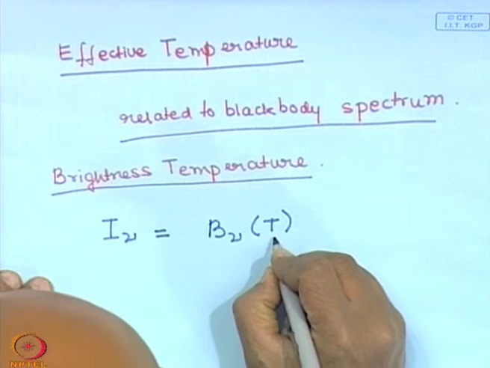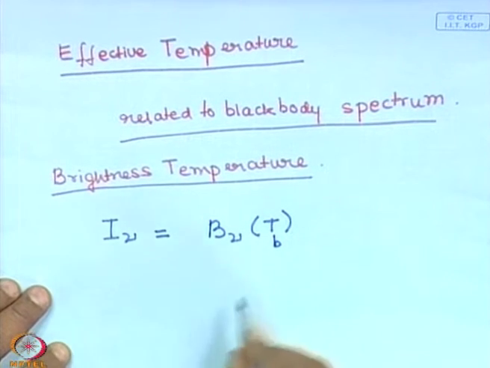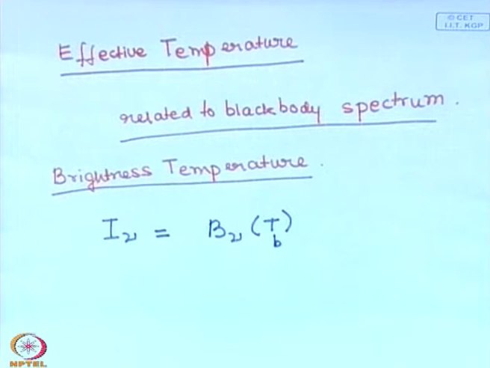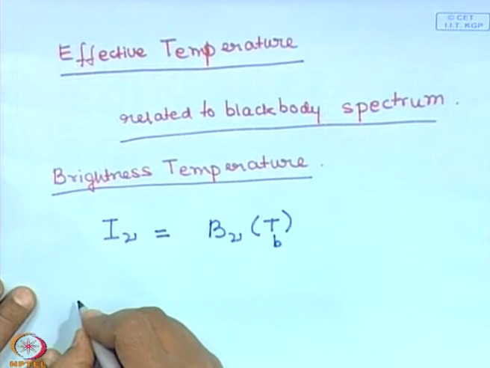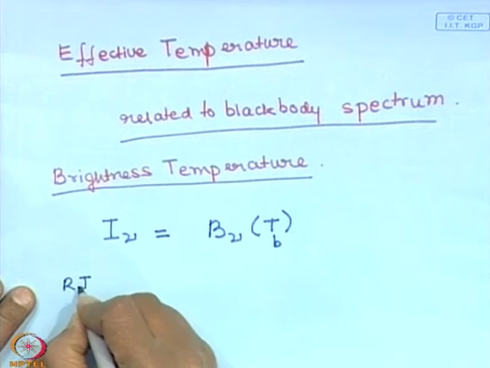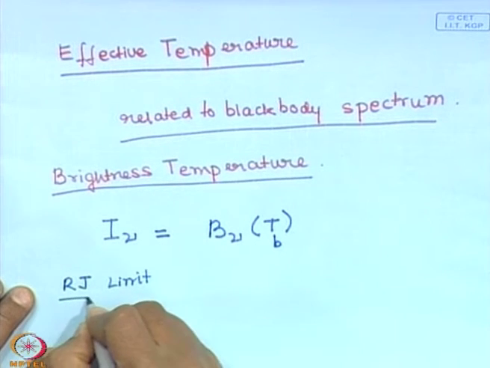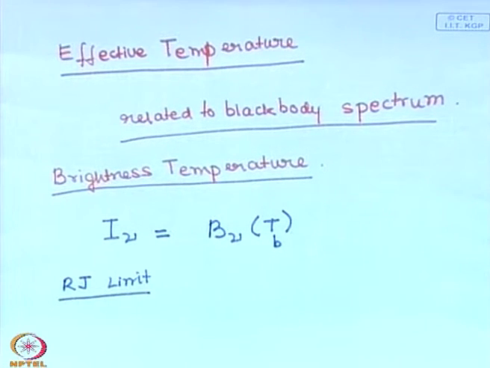This temperature which I associate with the radiation is called the brightness temperature of that radiation, okay. It quantifies the brightness of the radiation. And in the Rayleigh-Jeans limit, which is very useful in radio astronomy, this is quite simple.